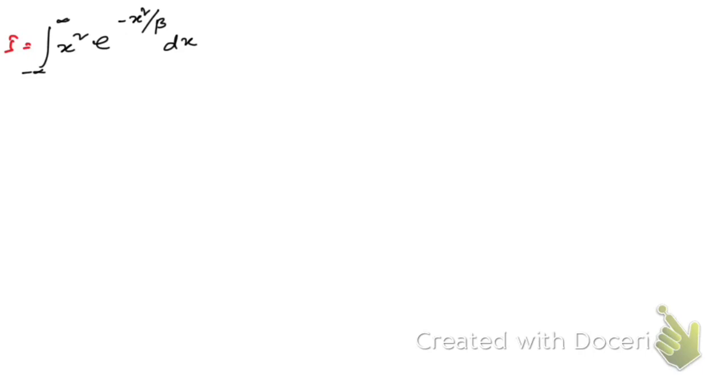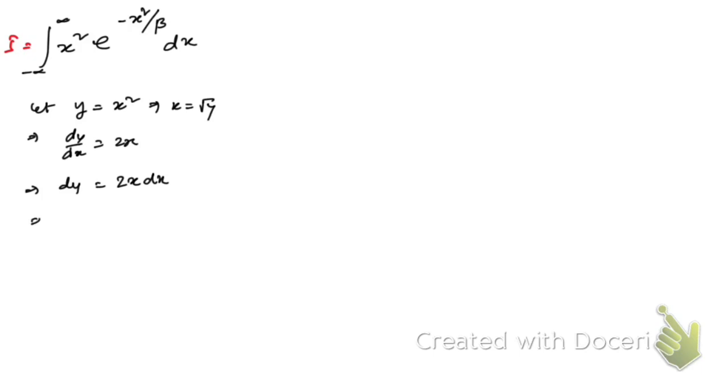Now let me take y equal to x squared, and if you differentiate with respect to x, you get dy by dx equal to 2x, so dy is equal to 2x dx, and x can be written as root over y. So if you replace x by root y, you get this expression: dx is equal to dy by 2 root y.